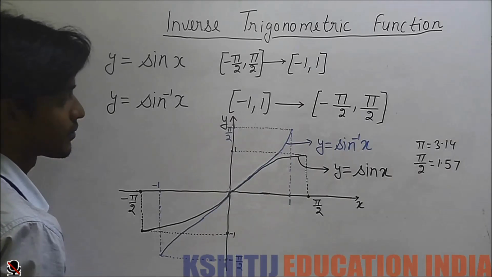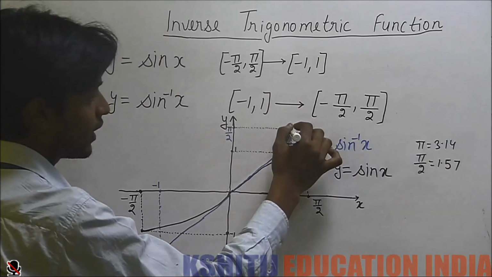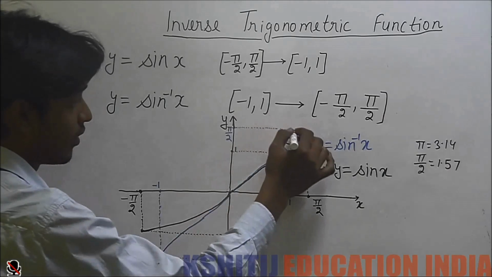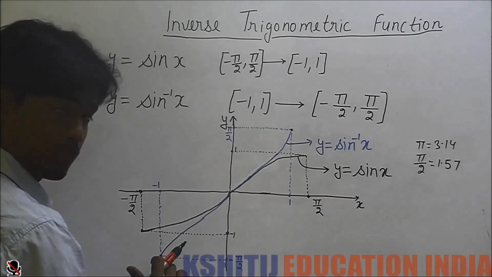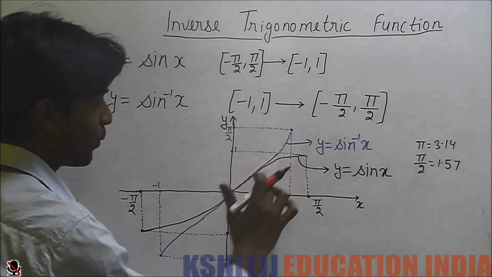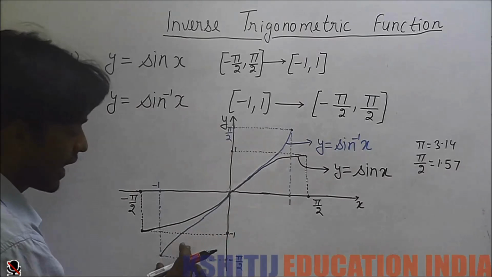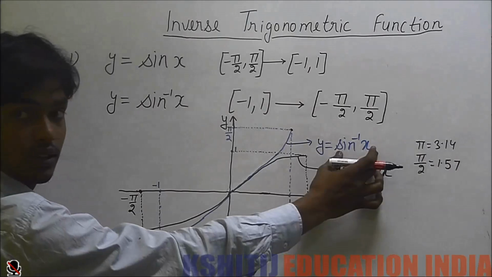So here we have two points. Now we simply connect these two points with the help of the nature of sin inverse x, and then we get the graphical representation of sin inverse x.